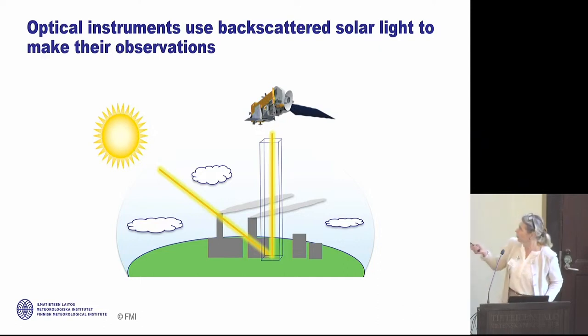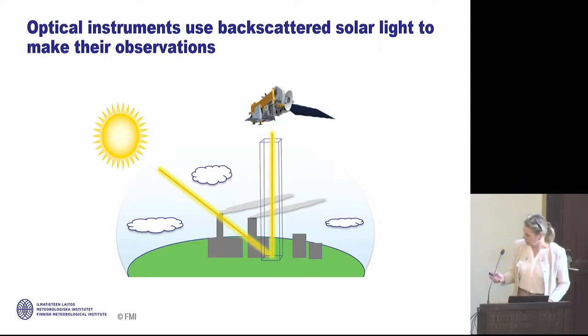So they measure the sunlight when it's reflected back to the satellite from the Earth's surface and the atmosphere. Of course, you can then understand that if there is no sun, there are no observations, so we have a gap in the observations at nighttime. We can only measure in the daytime, and clouds also hamper the measurements. Very heavy aerosols can also complicate the data analysis.